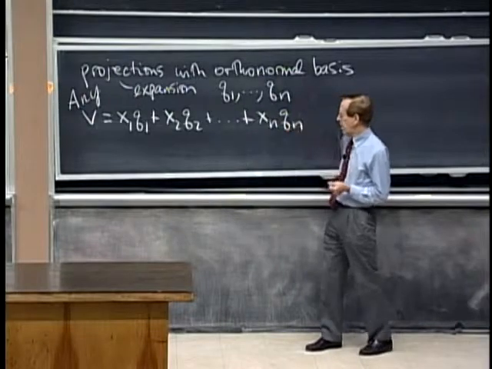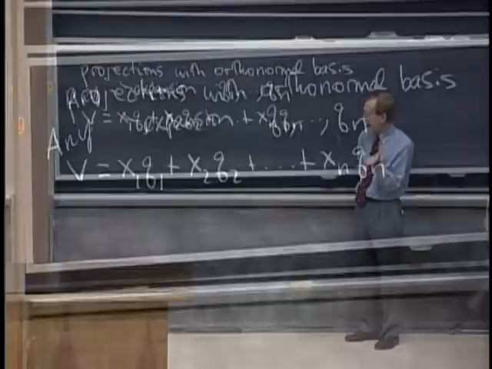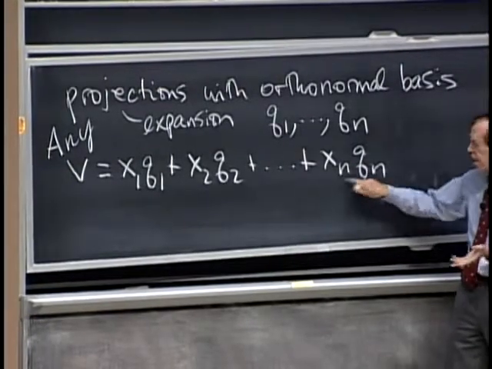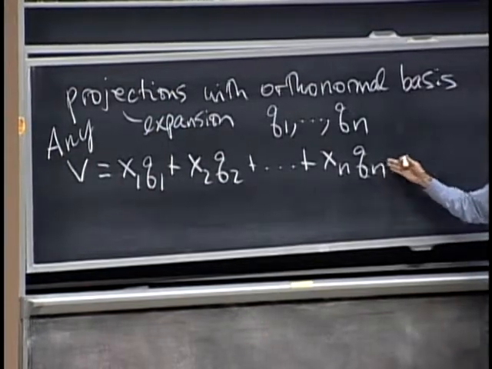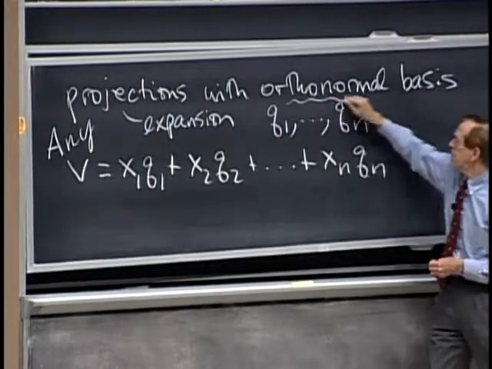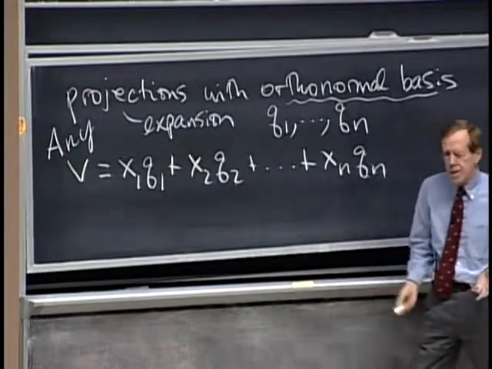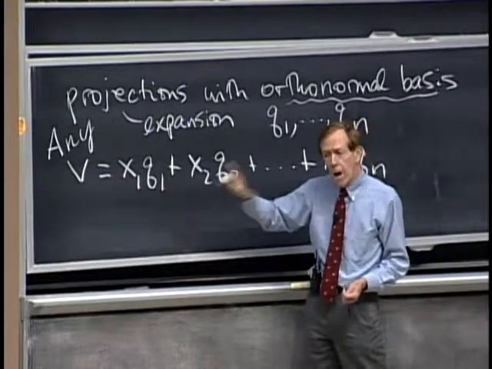Take the inner product of that whole equation, every term, with q1. What will happen to that last term? The inner product, if I take the dot product with q1, I get 0, right? Because this basis was orthonormal. If I take the dot product with q2, I get 0. If I take the dot product with q1, I get 1.